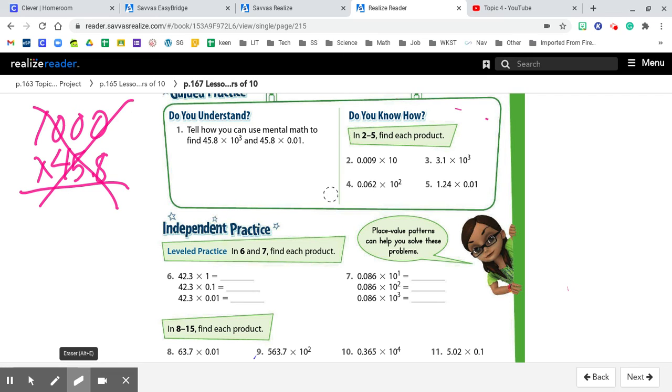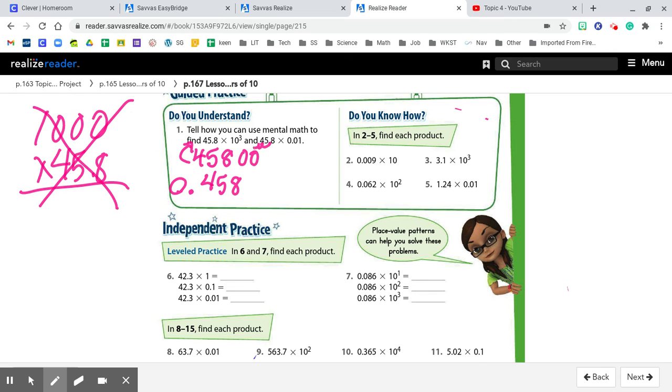So the first one right here, we have 45, and we're moving the decimal 3 places. So that will be the first value. And for the second one, we're moving the decimal 2 places. We wind up with 0.458. So the decimal is going to go 2 places in the other direction.